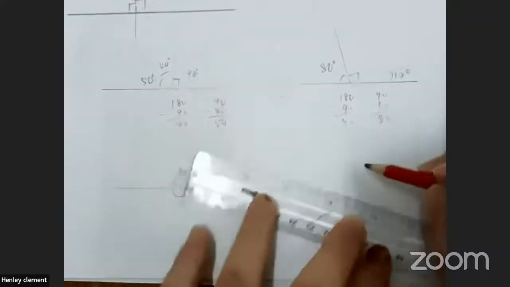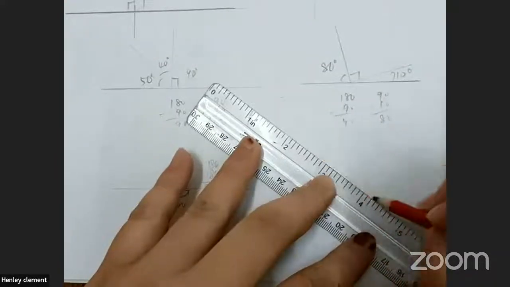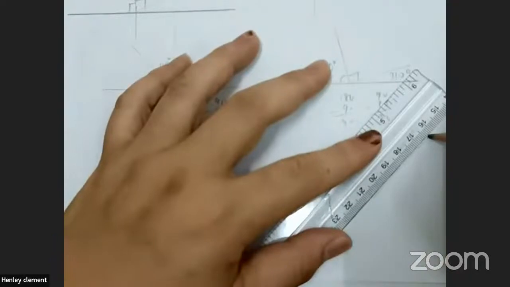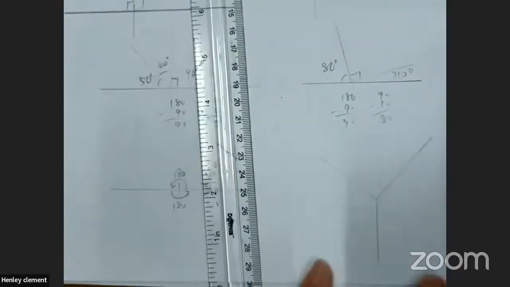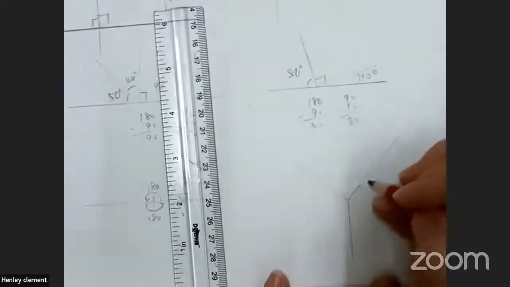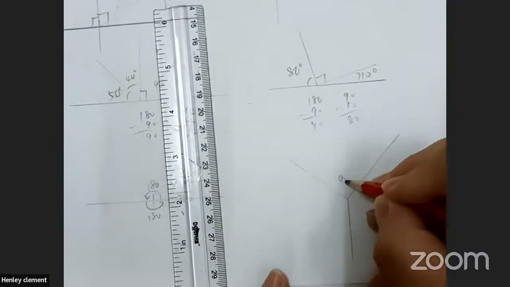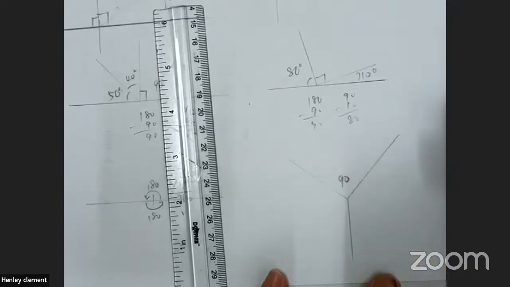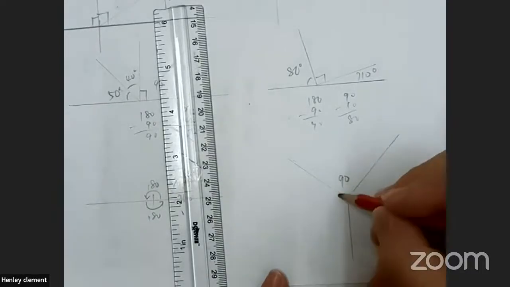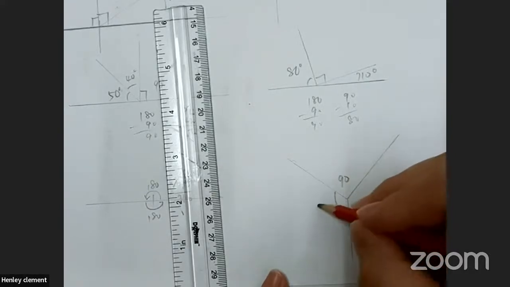For example, if I have three parts, and this part is 90, and then this part is maybe about 110.